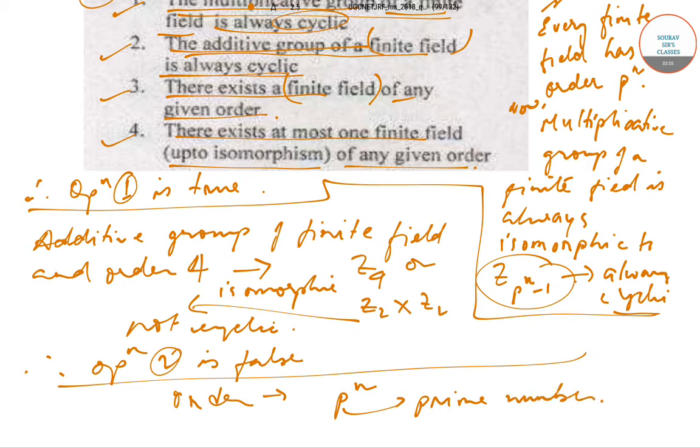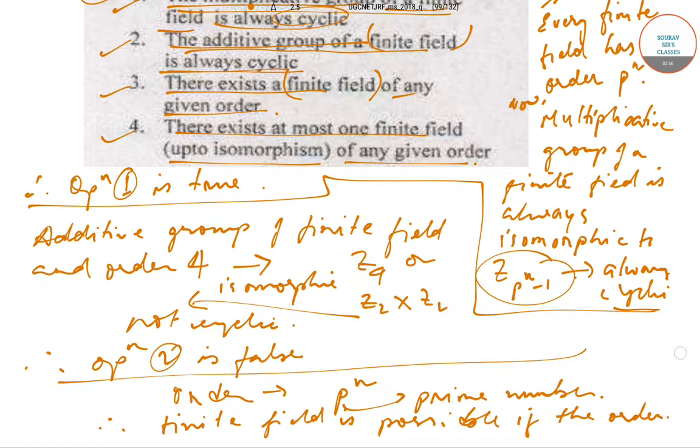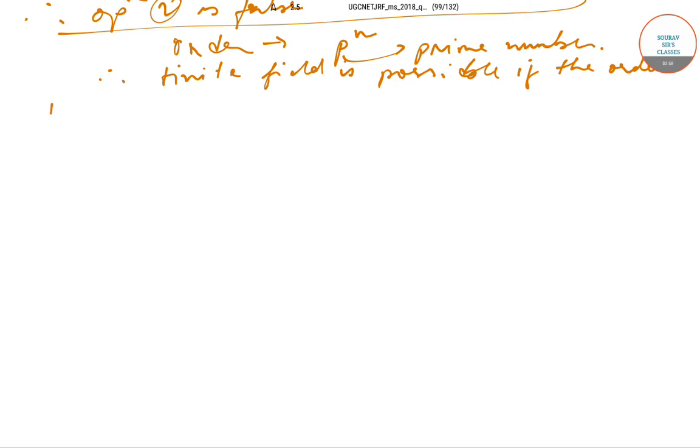So therefore if the order is some power of a prime number, in that case a finite field is possible.